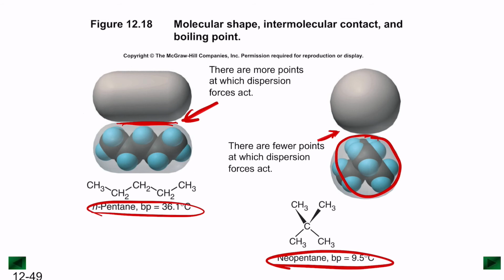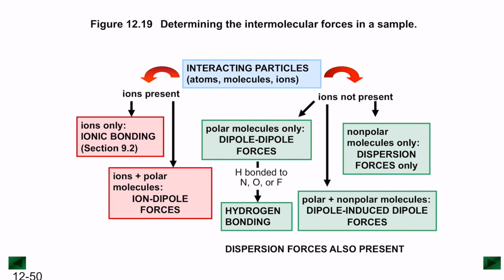Even though the molecule has the same number of carbons and the same number of hydrogens, it does not have a higher dispersion force because it does not have a higher surface area. That's the reason why n-pentane has a boiling point of 36.1, while neopentane has a boiling point of 9.5 degrees centigrade. So the higher the dispersion force, the higher the boiling point. This is the common idea between the structures.